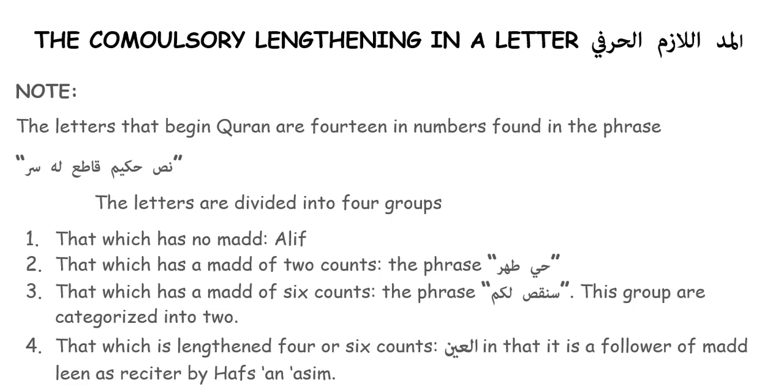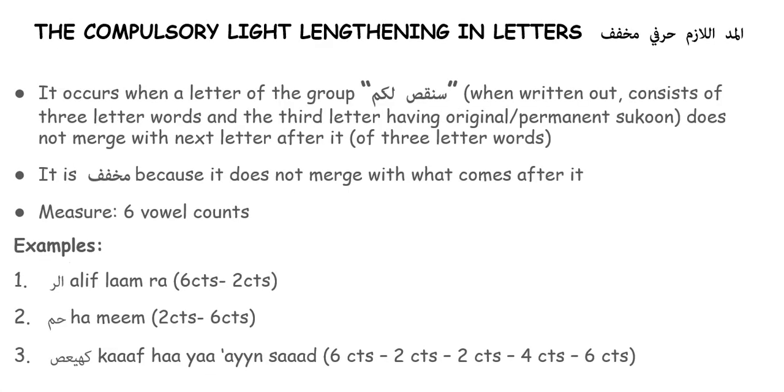It is just to be prolonged for 2 counts alone. Then ha, mim. Ha is to be prolonged just for 2 counts, and mim is to be prolonged for 6 vowel counts.